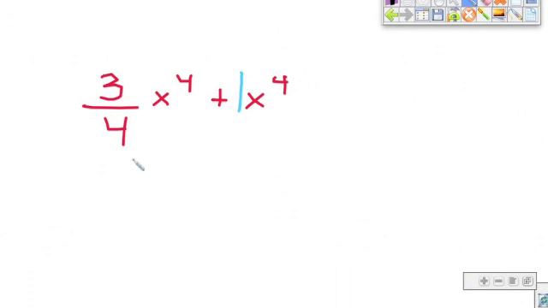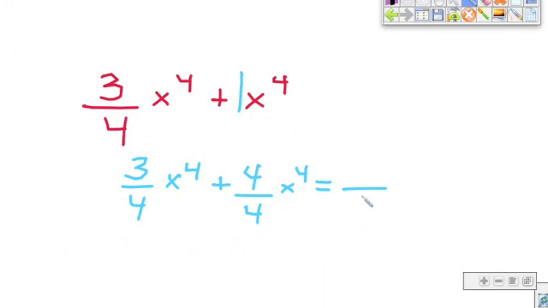Well, it would be 4/4. So I'd get 3/4 x to the fourth plus 4/4 x to the fourth. So now my denominator is the same. I can just add straight across, and the denominator stays the same. 3 plus 4 equals 7, so 7/4 x to the fourth. And you can leave it like that. That's fine.